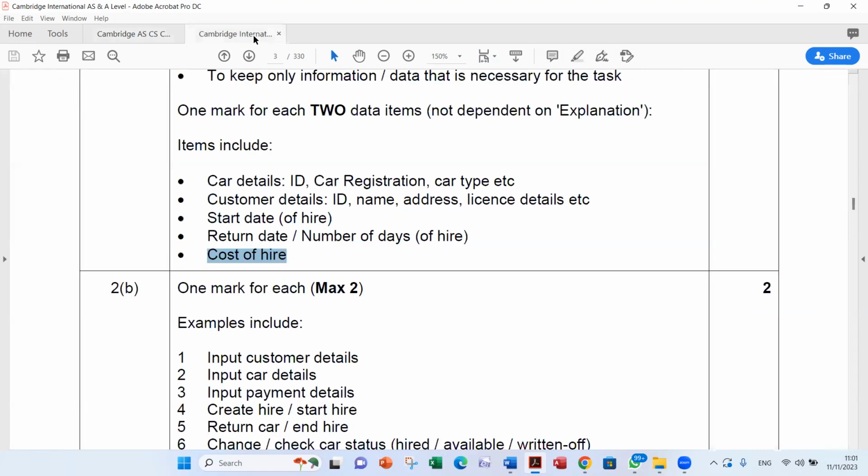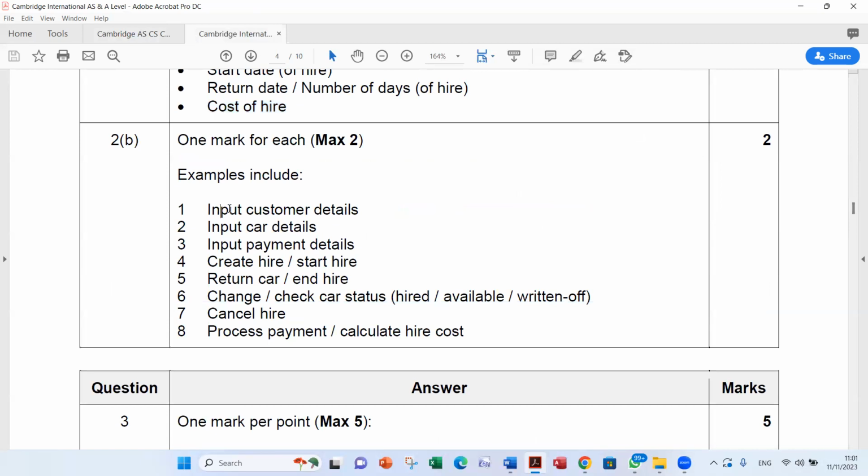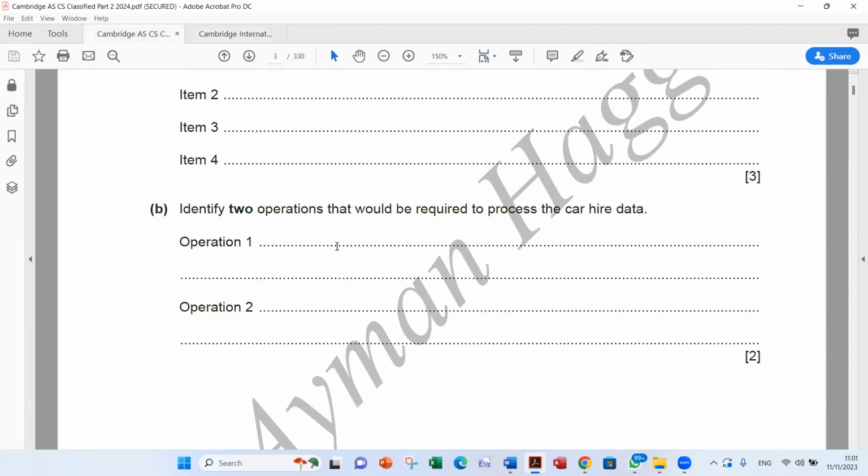So operations will be: input customer details, input car details, input payment details, create a hire or start a hire, return a car or end a hire, check the car status (hired, available, written off), cancel a hire, process payment, or calculate hire cost. So these are the processing steps that would be required for processing hire data.